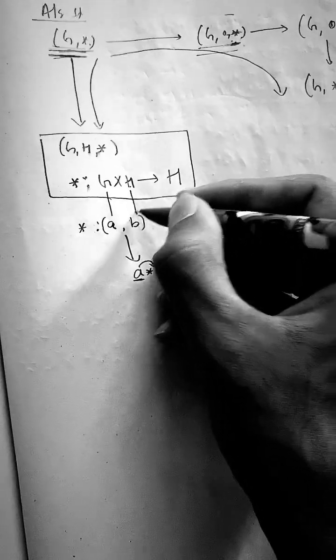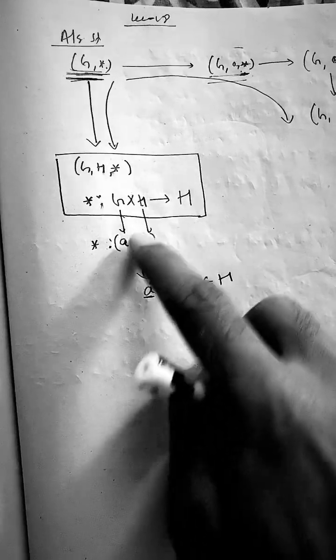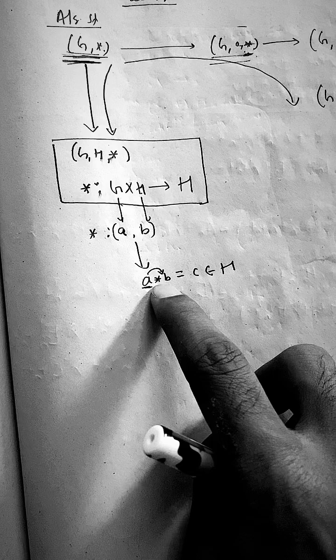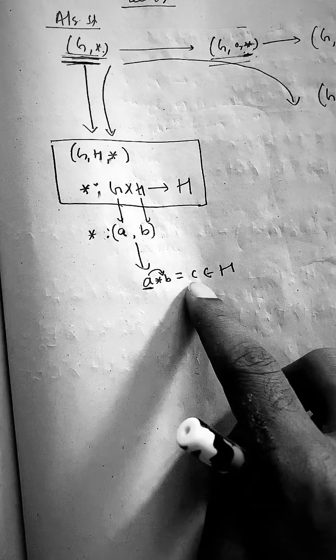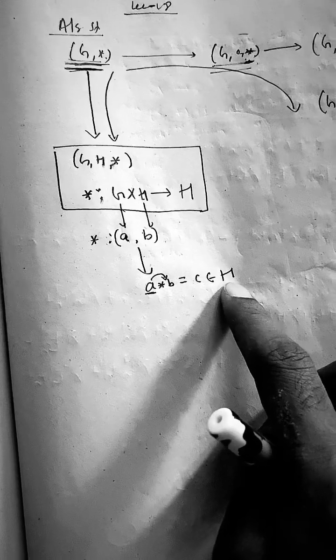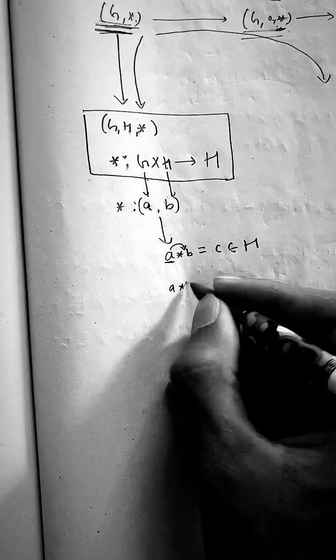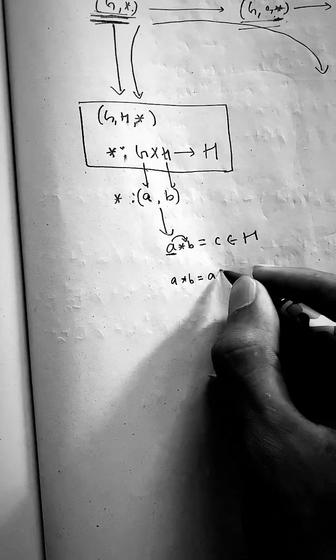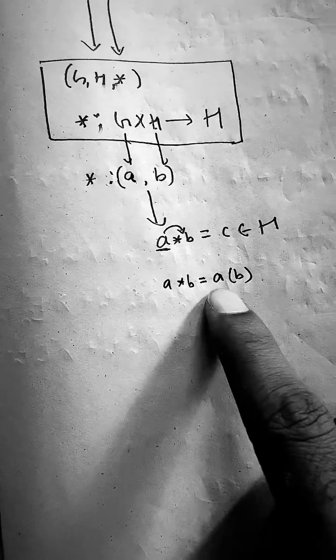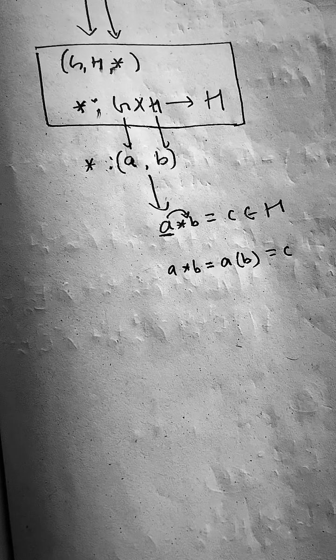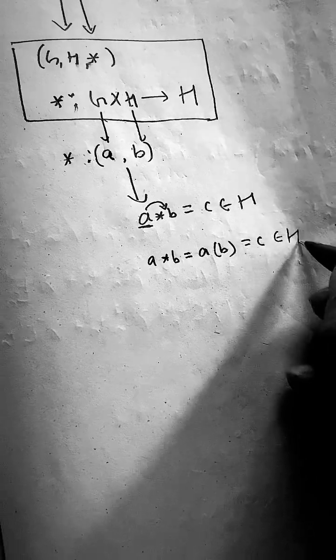A is from G, B is from H, and this A acting on B through some operation star is producing an element C that is in H, not in G, that is in H. So it is like a composition. A star B is A of B. It's like a function. A is acting on B, so it gives some element C, and this C will be in H, right?